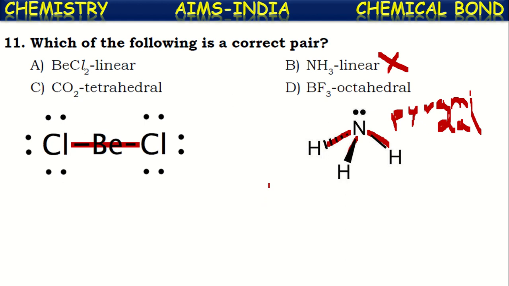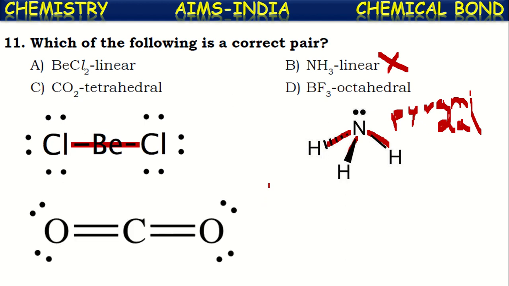And what about the carbon dioxide molecule? The central atom is carbon and it has two bond pairs. According to VSEPR theory, while considering the shape of the molecule, we have to treat these multiple bonds also as a single bond, a single unit. So it has two bond pairs without any lone pairs. The bond angle will be 180 and the shape will be just like BeCl2, also linear. But here a wrong matching is mentioned.